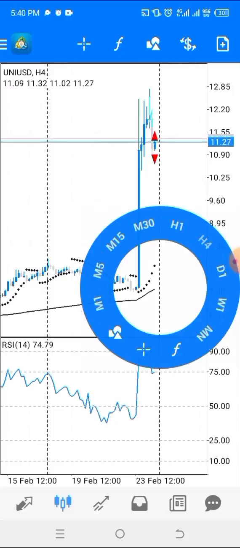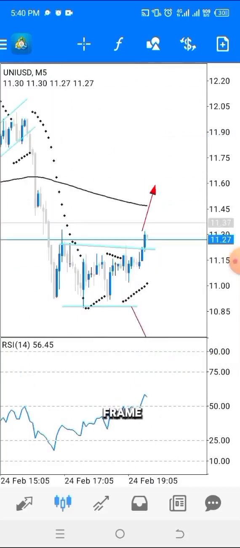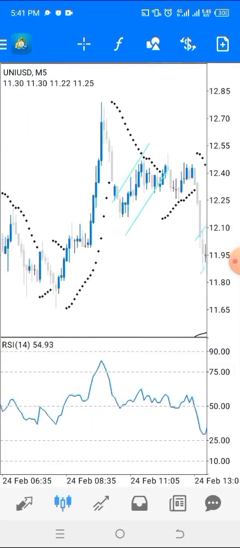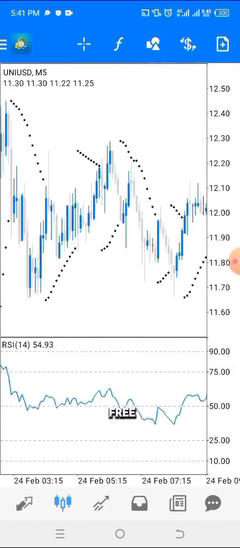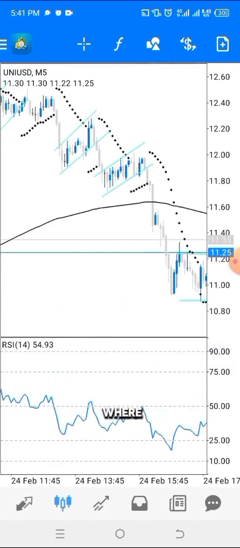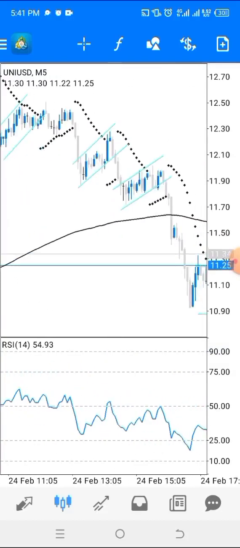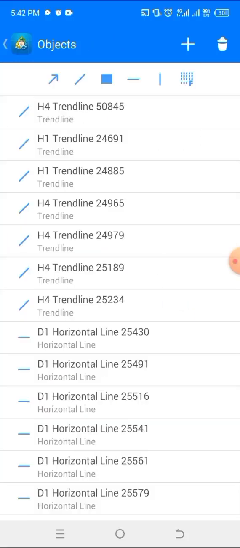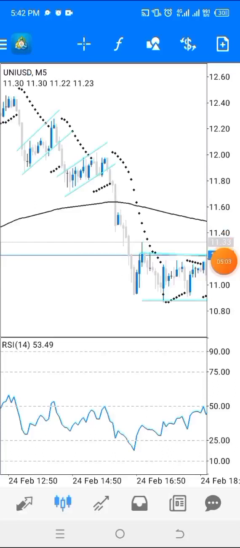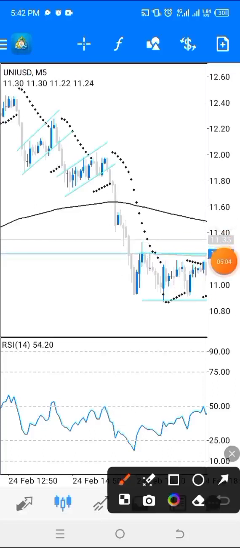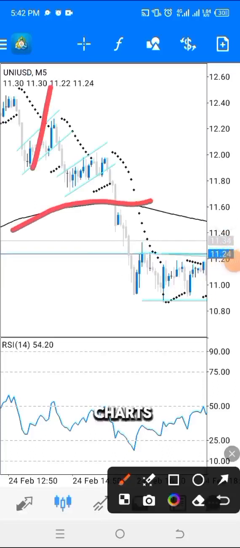Now then you go to the lower time frame, the 5-minute. On the lower time frame you're going to look for where the chart is above the 200 exponential moving average. So you can see clearly here that over here the candles are above the 200, and over here they are below.